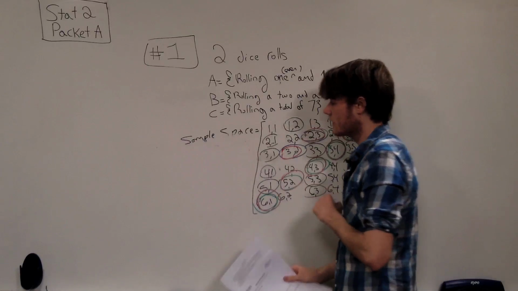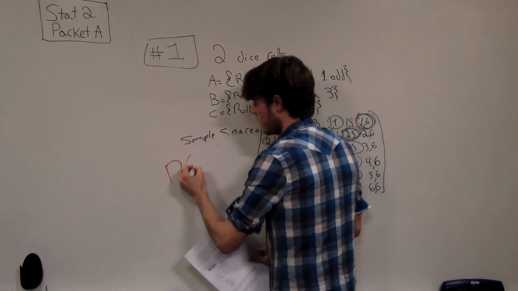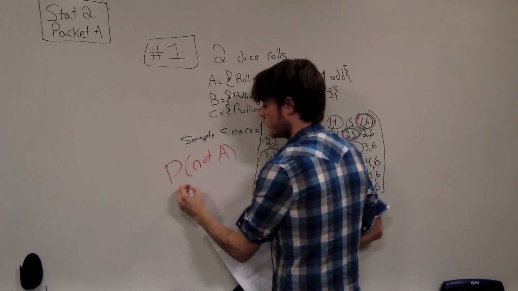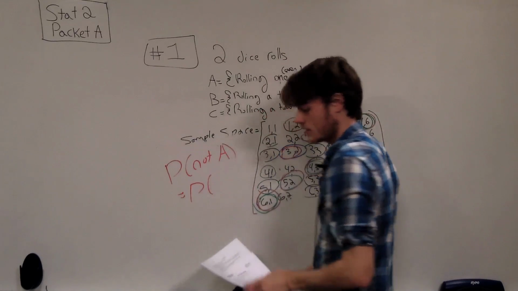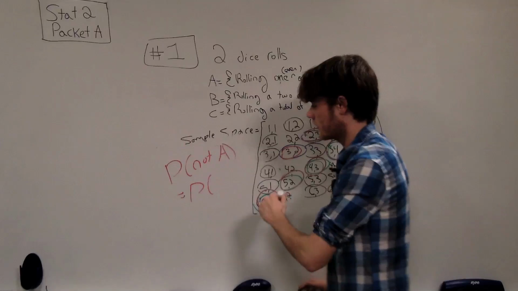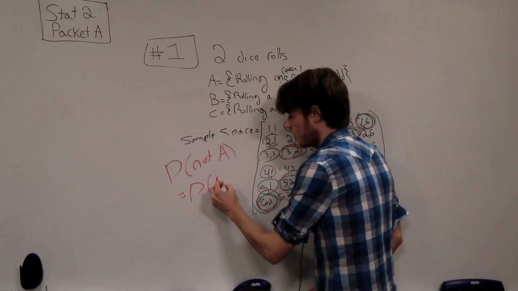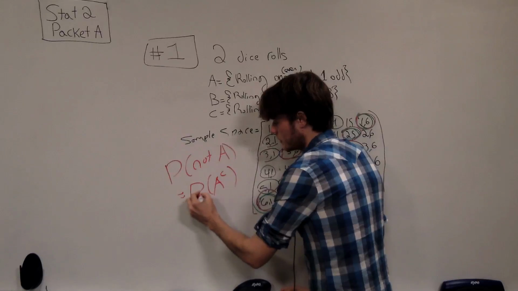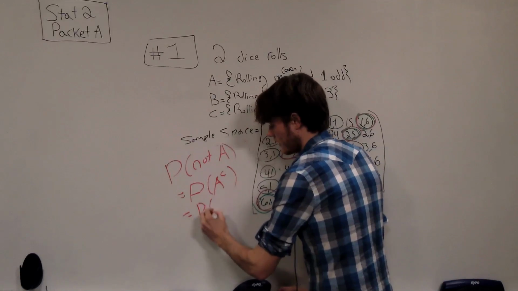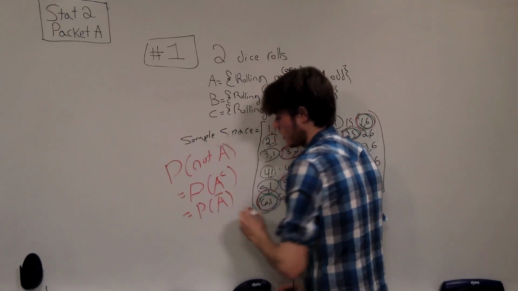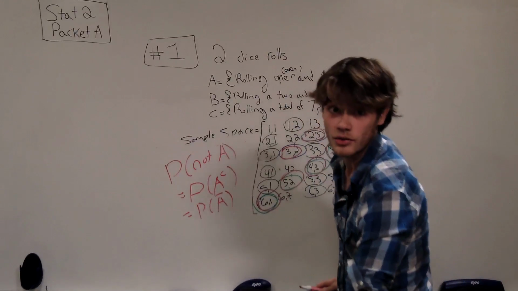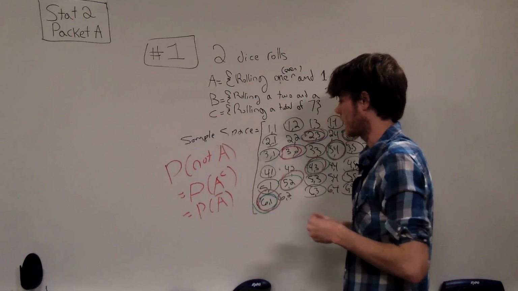So finally, we want the probability of not A, which is equivalent to, this notation may be new or you may have never seen it, probability of A complement, or some teachers write it as probability of A with a bar on top of it. All of these are equivalent logically, so don't be scared, they're all the same thing.